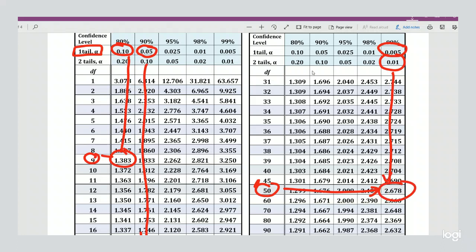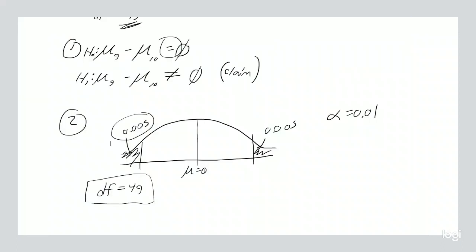And there's our value right there, 2.678. So on the positive side, 2.678, and on the negative side, negative 2.678.